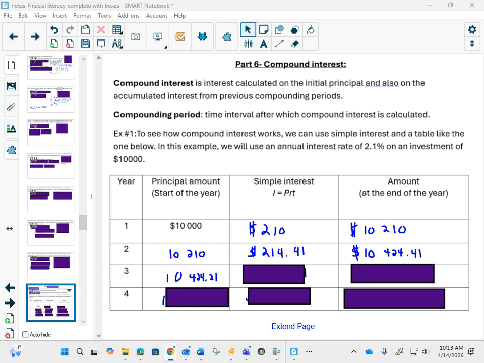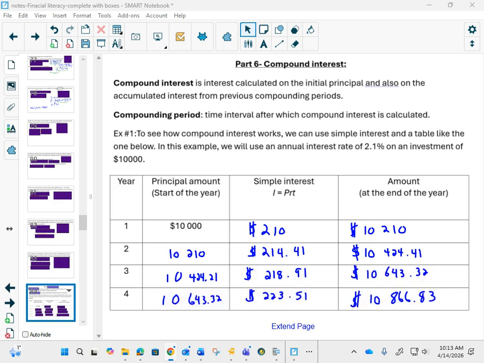Now, instead of getting 210 or 214, now it's already up to $218.91. And so the amount at the end of the year is even more. And we can do this for one more year. And at the end of 4 years, you actually have $26.83 more than if you just got simple interest along the way.